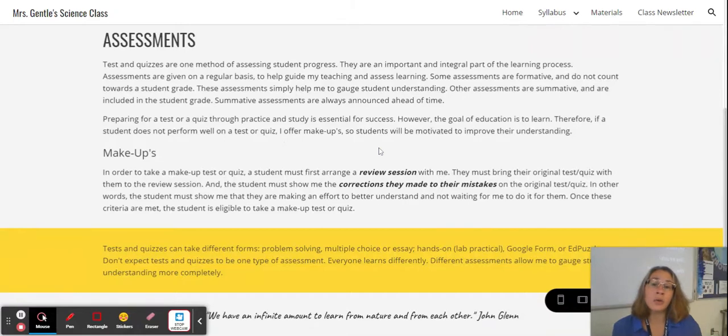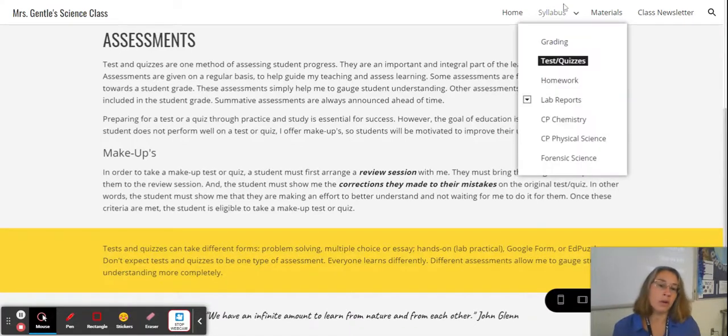I also, when I give feedback on even homework assignments, I allow students to make corrections there and resubmit it, because I feel like students will learn more by doing that than if they just take a bad grade and say, oh, well. But if they go back and look at what their mistakes were and fix them, they learn more. So I offer that.